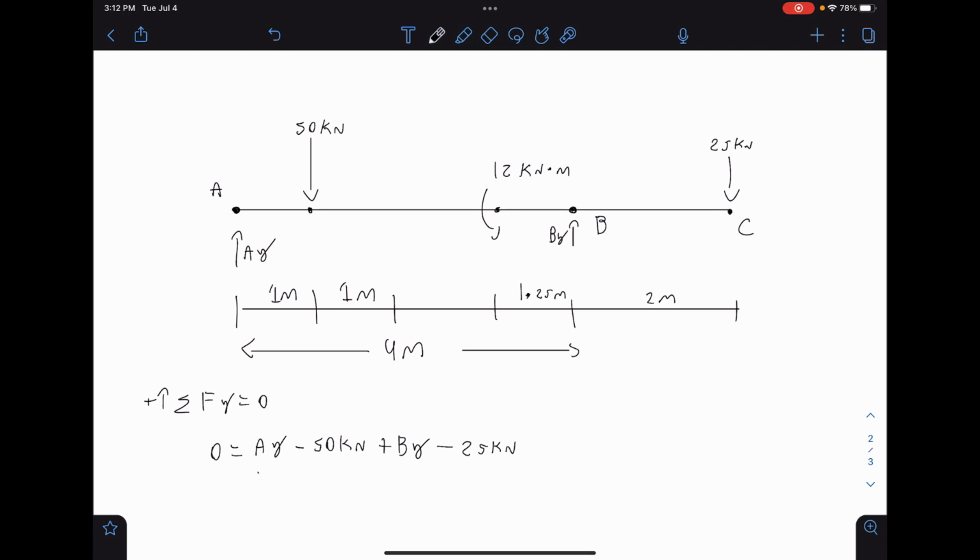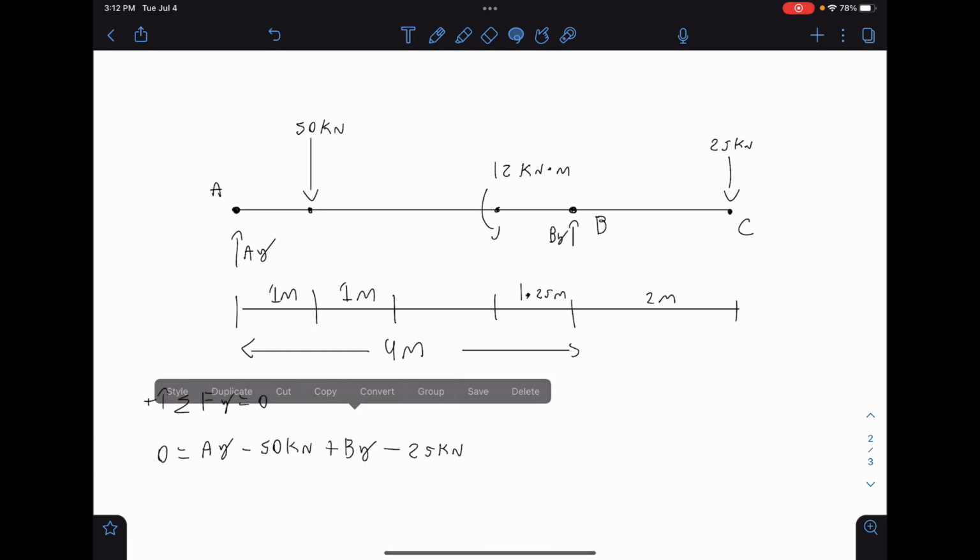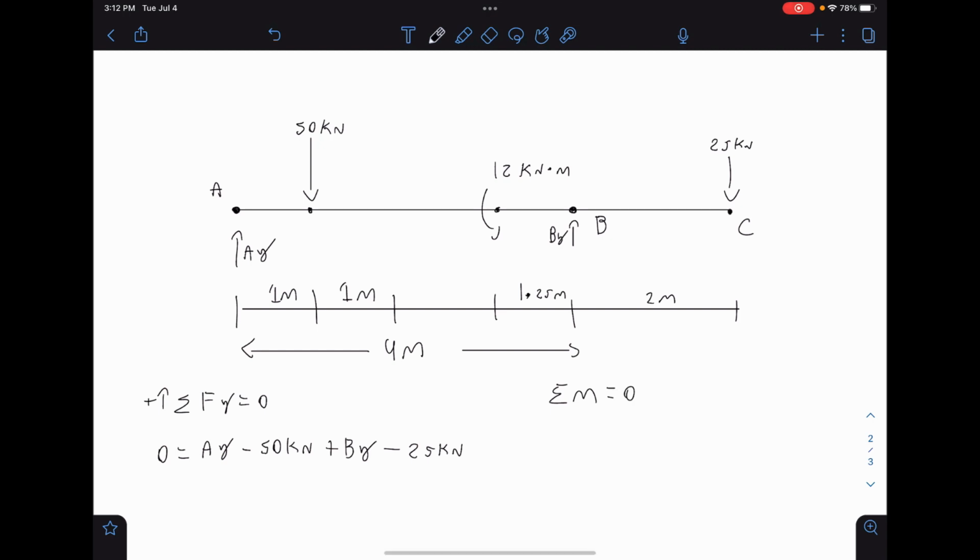We have two unknowns, AY and BY, but we only have one equation. The equilibrium equation for the x direction didn't really help us, did it? So how are we going to do this? Well, that's where our moment equation comes in. So the sum of moments is equal to 0. Now, where are we going to take this moment?